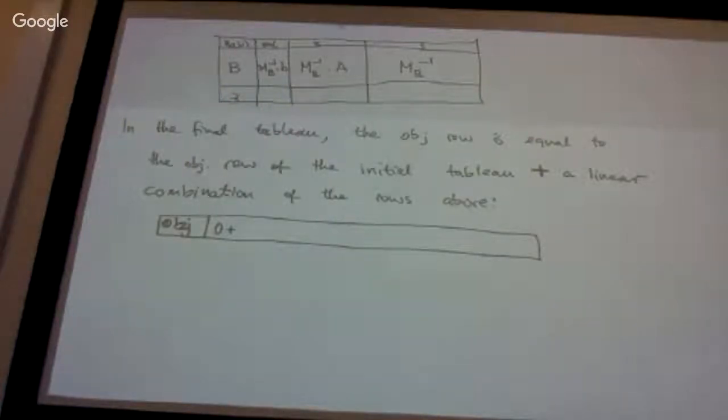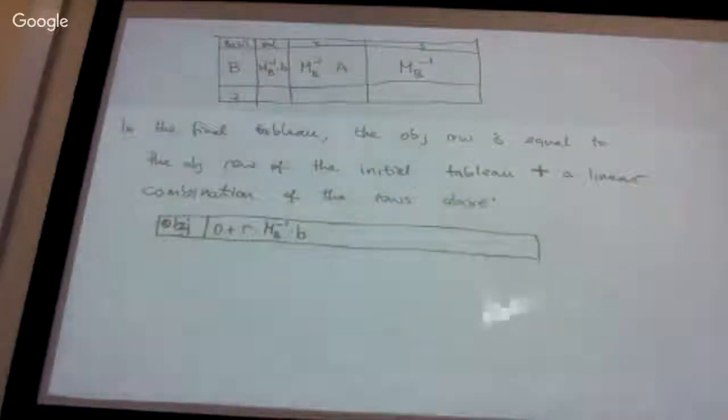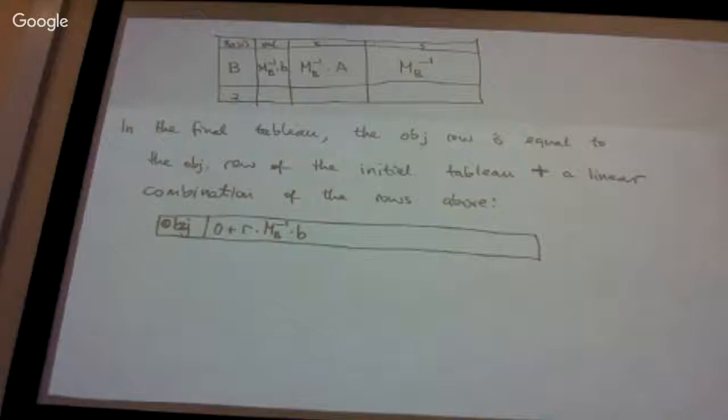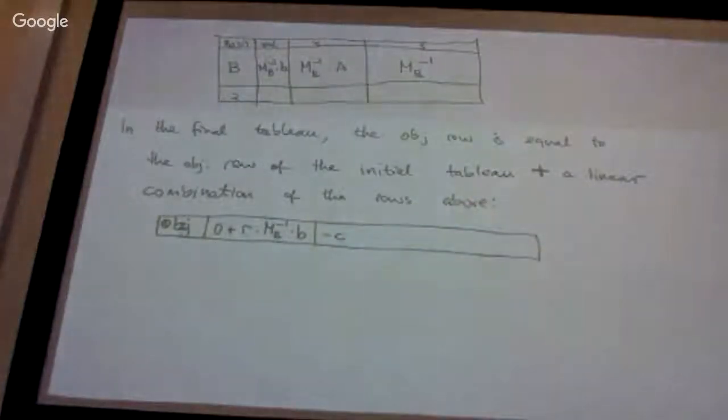Well, I take a row vector where I put the multiples of each row next to each other. Okay, so I'll call this row vector R times the thing above it. And the thing above it, according to what we did last week, is this. Okay, what's below X? Well, the original thing that was there is minus C.